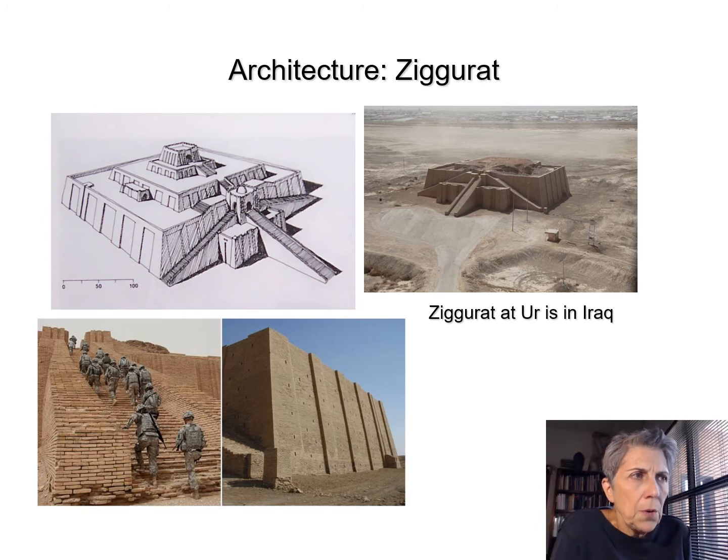It is to connect to you that this ancient piece of architecture still exists. And that's amazing. Much of it has been damaged by time and weather, but it still exists.